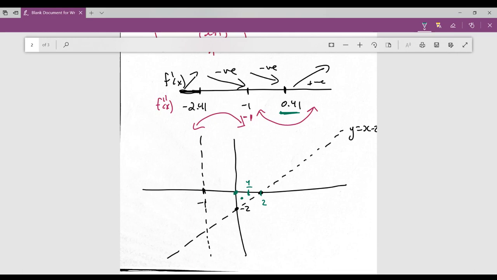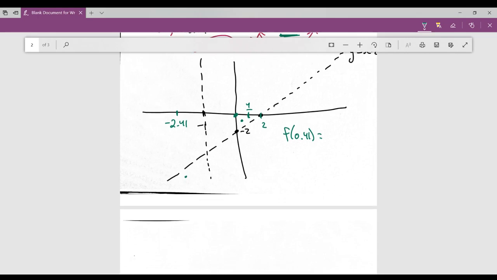We could calculate it. If you put 0.41 into your original function, it'll spit out the actual value. And we have a max at -2.41. So down here, we have a max.